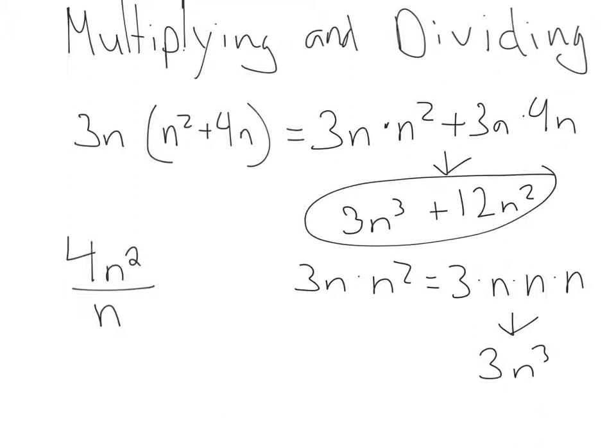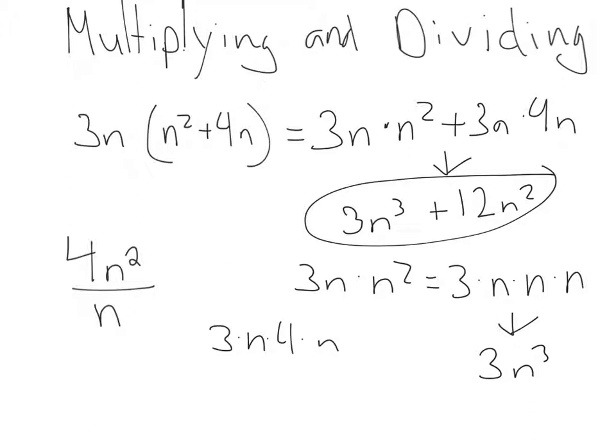The same goes for 3n times 4n. If we wrote it all out, it would be 3 times n times 4 times n.